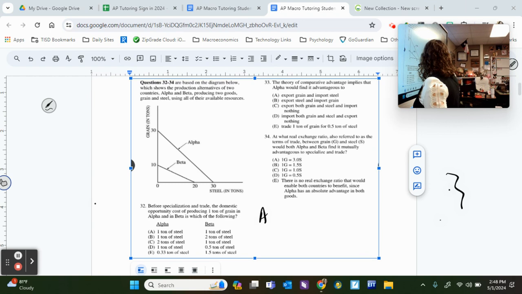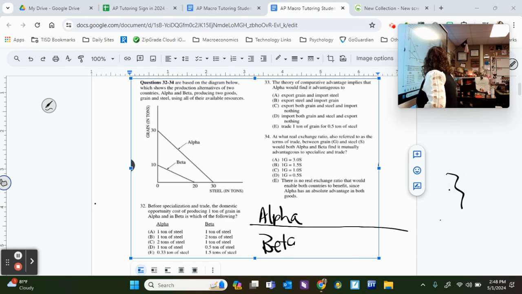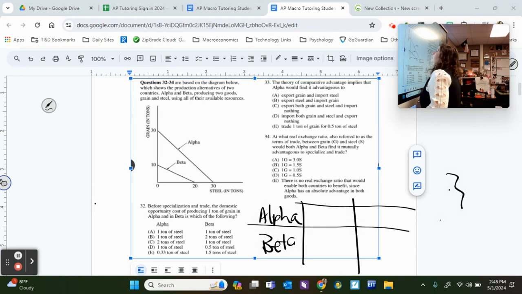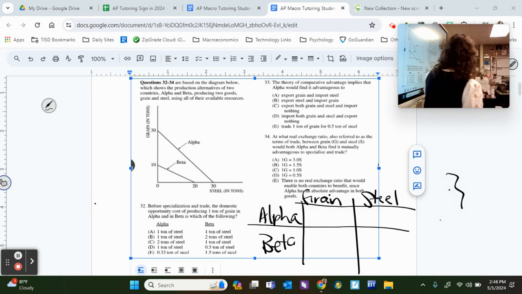We're doing alpha and beta, and they are making grain and steel. Using all their resources towards grain, alpha can make 30 grain, or if they use all their resources towards steel, they can make 30 steel.